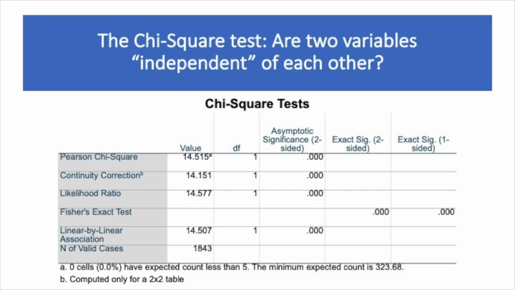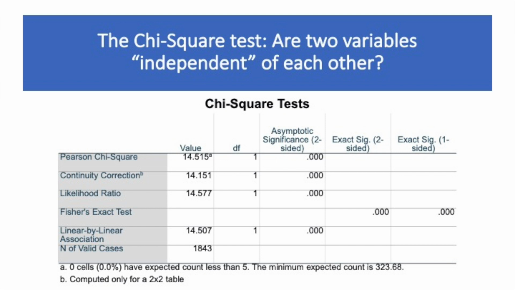Generally speaking, the larger the chi-square value, the more confident we can be that there are some significant group differences here. But the one that we're really going to use to determine whether or not we should reject our null hypothesis is under asymptotic significance.